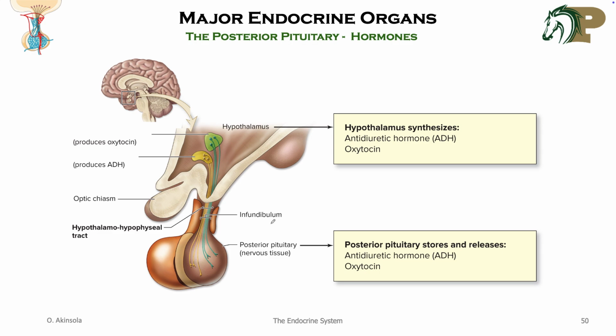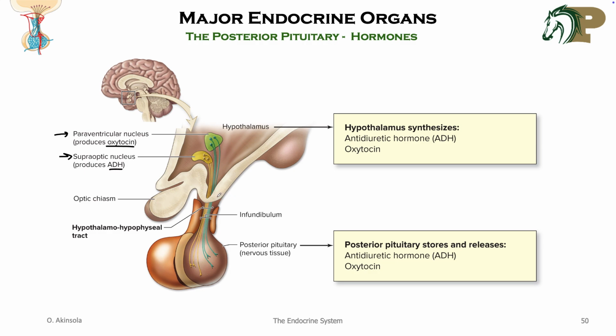Okay, so we have 2 areas of the hypothalamus specifically that produce ADH and oxytocin. The paraventricular nucleus, which is this green portion right here, will produce oxytocin, and the supraoptic nucleus, which is this yellow part right here, will produce ADH.